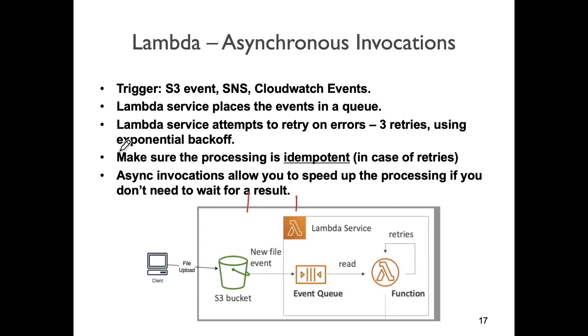And because of that, you've got to make sure that your Lambda implementation is idempotent, because what might happen is the Lambda gets invoked with a batch of 10 events. It processes the first 5 and then crashes, which means the Lambda service will re-invoke your Lambda function, gives it the batch of 10 again.